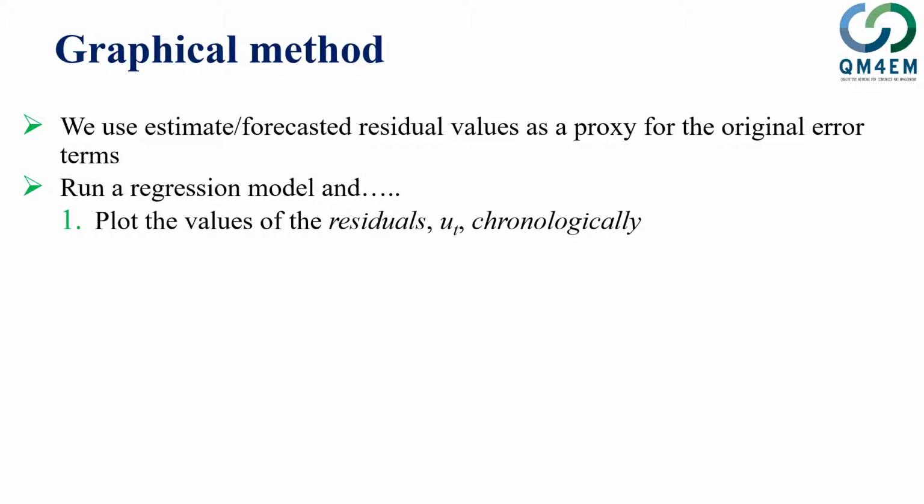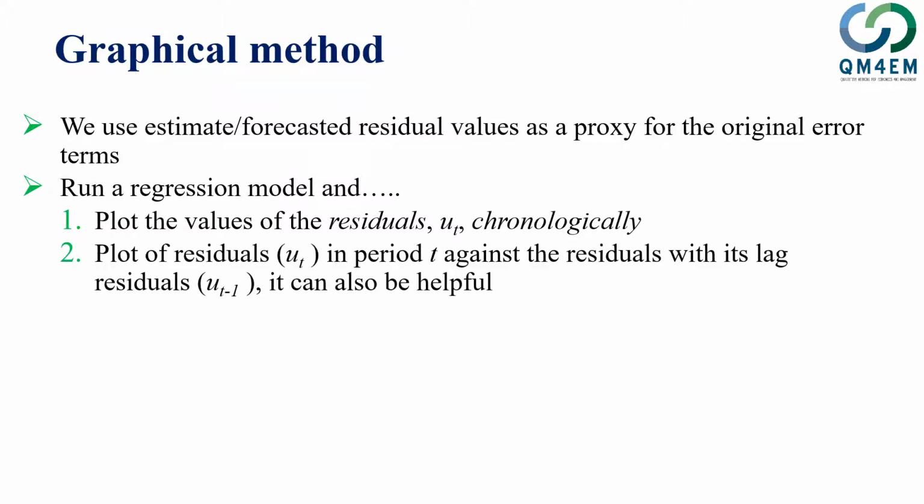against time. So we can plot the forecasted value of the error term chronologically, or we can also generate a plot in which we plot the forecasted value in period t of the error term against the lag values of the residual. You already know what a lag value is.